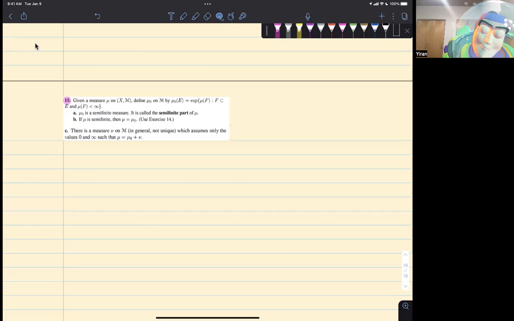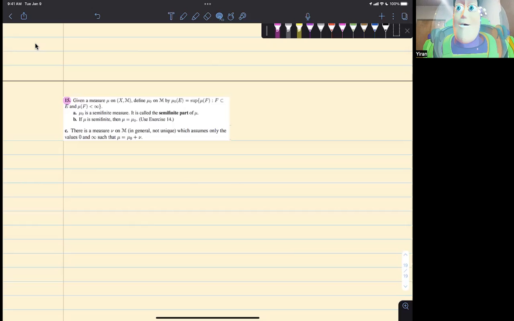So I'm going to say trivial, since in order to show something semi-finite, it boils down to show that, given a measure that is infinite, since if the measure mu naught of E is equal to infinity, that means the supremum of mu of F, where F is a subset of E and mu of F is finite, is equal to infinity, right?